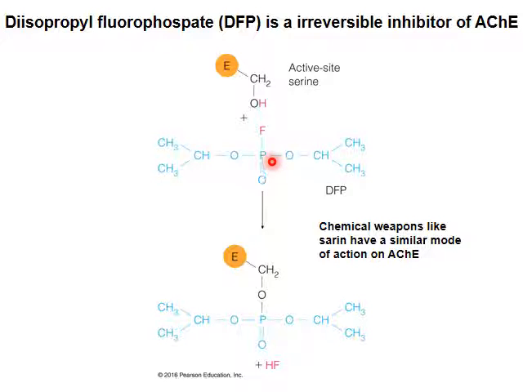And so basically you have a displacement of the fluoride ion and covalent attachment of the serine oxygen to the phosphorus atom, to generate this covalently linked enzyme that is no longer functional. So basically what you've done, you've alkylated your serine hydroxyl, and it's no longer enzymatically active.